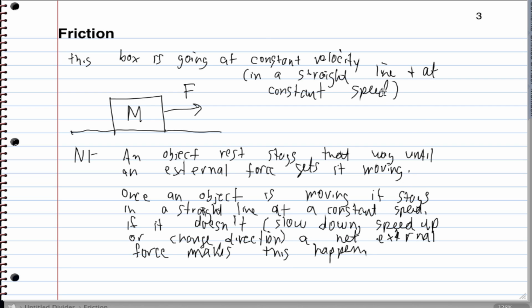Now, we have the situation of a block being pulled and it's moving in a straight line at a constant speed. So here's the strange part about this based on Newton's first law. If we accept Newton's first law as true, and this we got from the dry ice lab, this we know is true, and we're given this situation, a block being pulled by a force F. Because the block is moving at a constant velocity, we are forced to conclude that no net force acts on it.